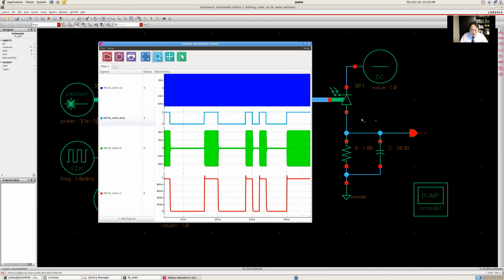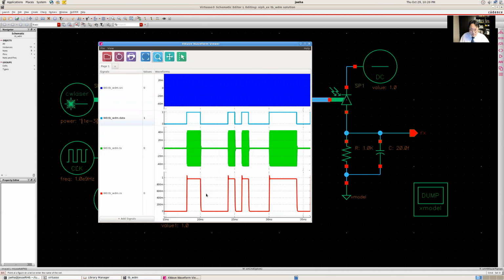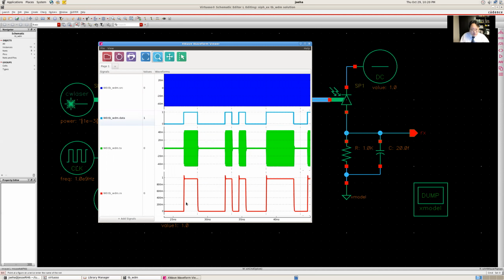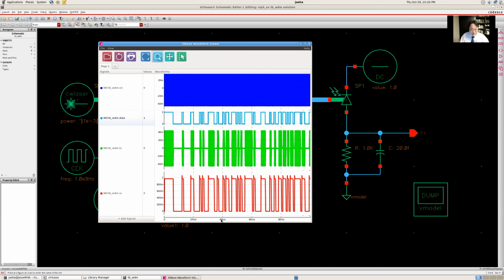And when it gets to the photodetector, it will generate a current, which is proportional to the intensity of the incoming laser. And when that current flows through the resistor and capacitor, you see this voltage going up and down. So what you see is that data is being correctly propagated to the receive side, right?